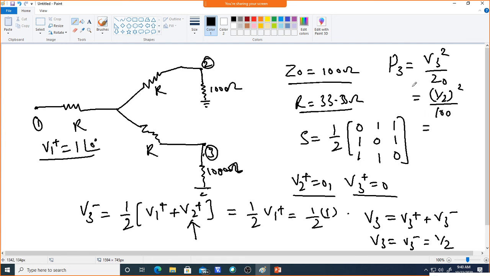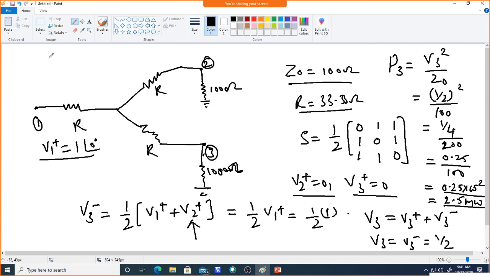So the power at port 3 is 1 by 4 divided by 100, which is 0.25 by 100, or 0.25 into 10 to the power minus 2, which is 2.5 milliwatt. So in terms of power, this is the power.